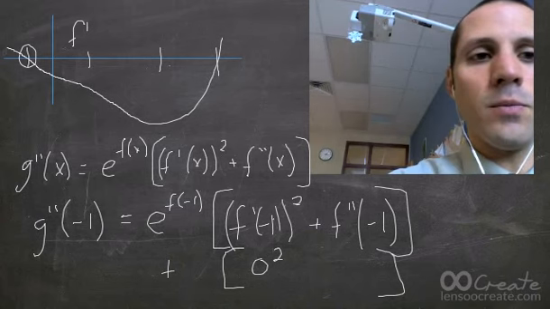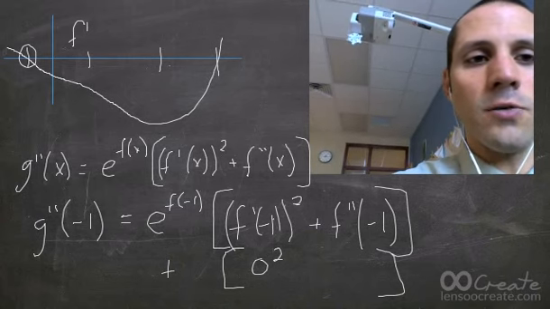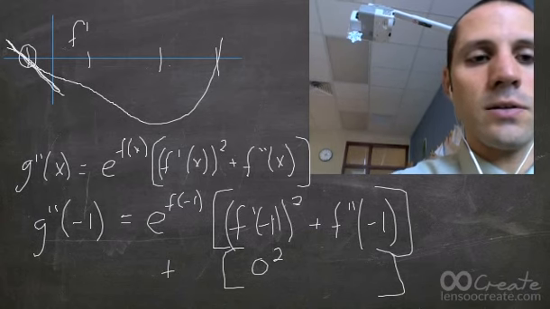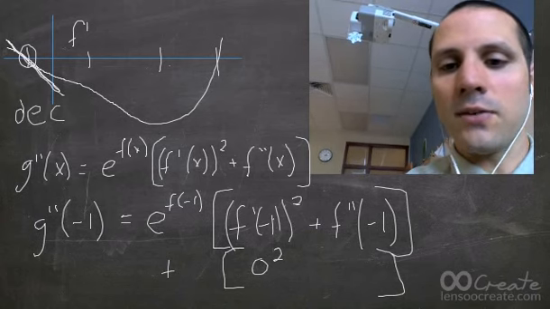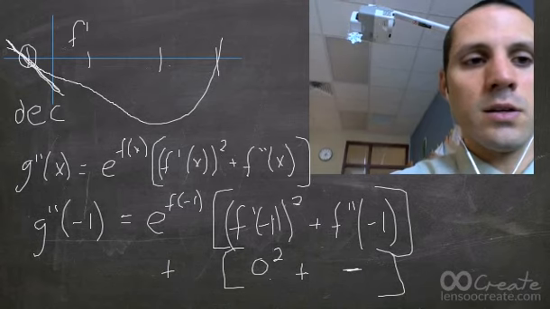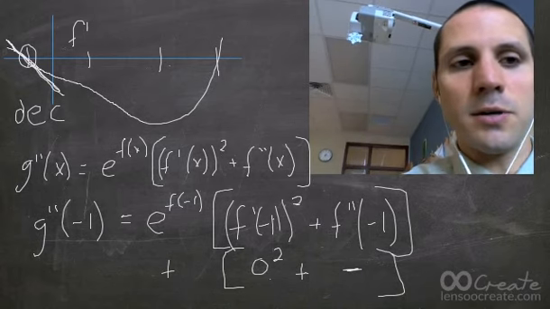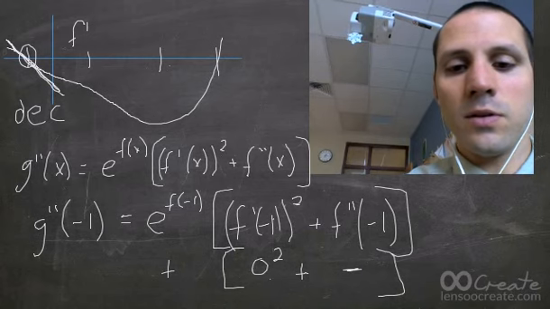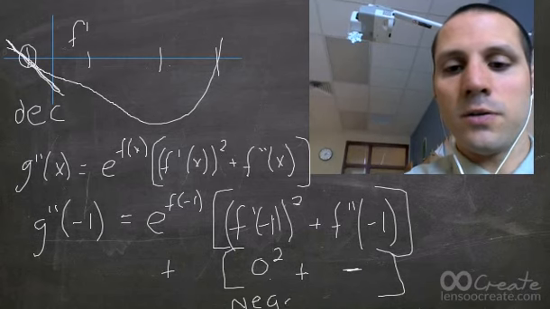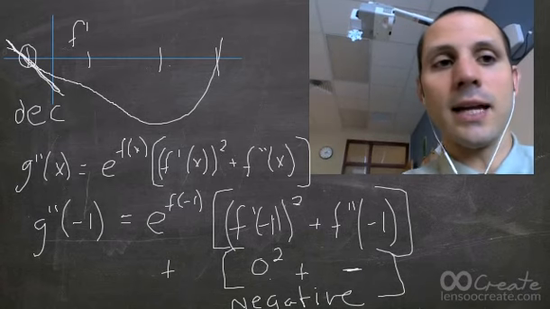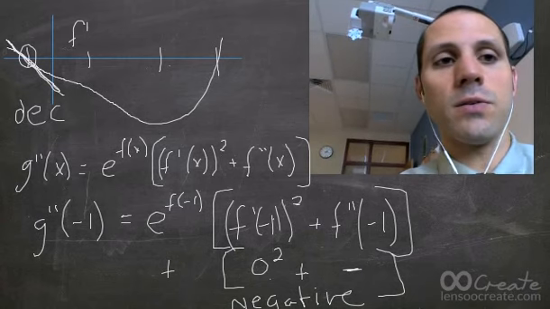So the slope of f prime, what's going on with the slope of f prime right here? It is decreasing, so all that we care is that that is a negative number. 0 plus a negative number is a negative number, times a positive number is a negative number. Therefore, g double prime at negative 1 is going to be negative.